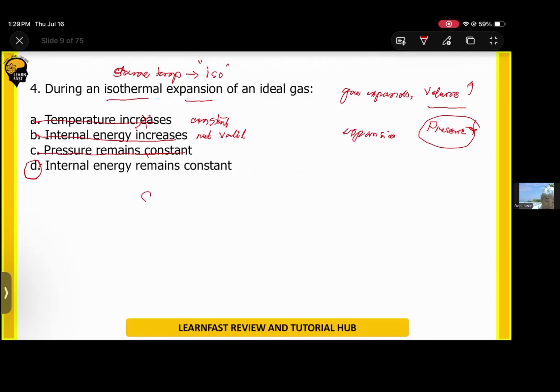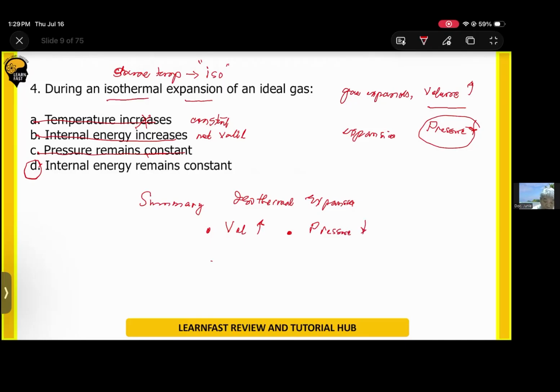So as a summary, we could write this. In isothermal expansion, volume increases. As the volume increases, the pressure will decrease.